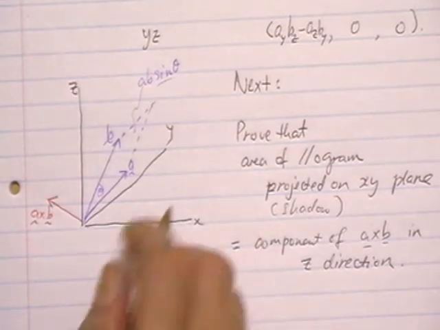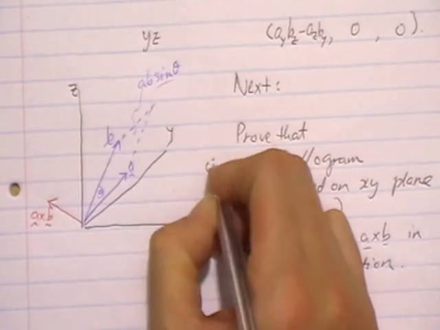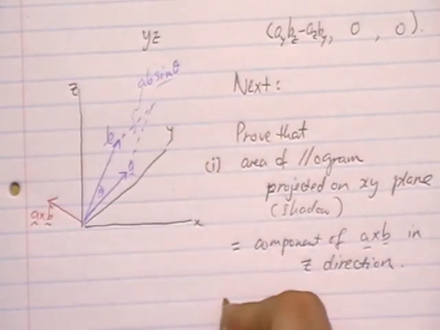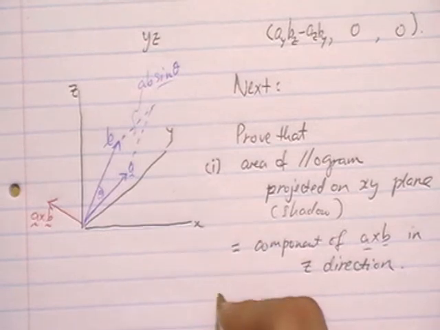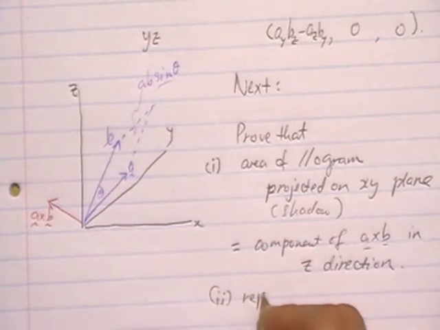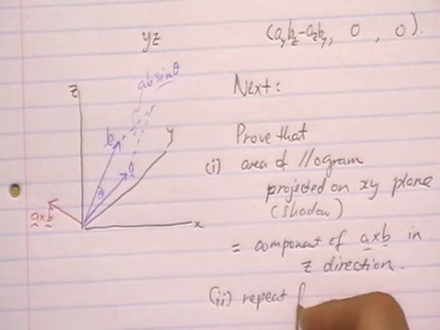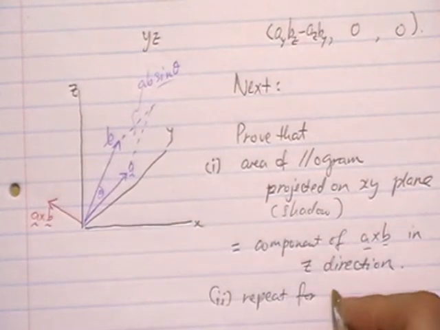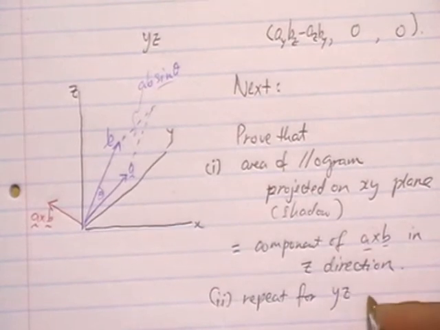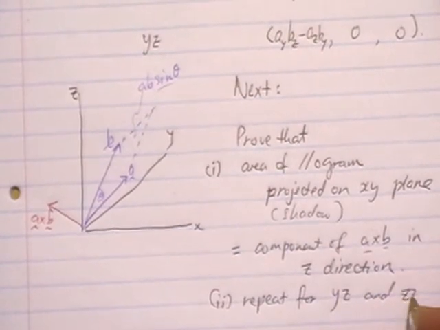Right, we want to prove this. Maybe that's the first part, and then we want to repeat this proof for the other two planes, the YZ and ZX planes.